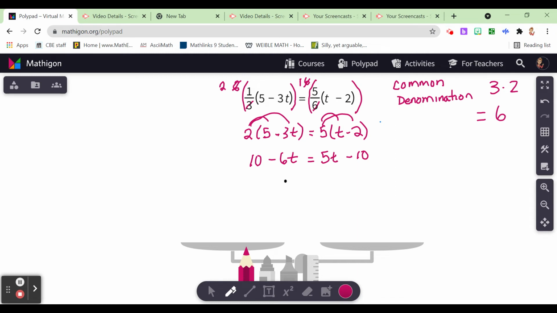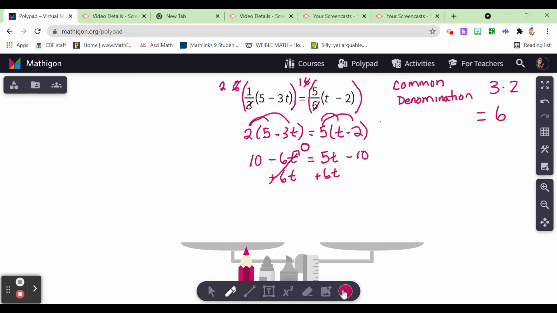And now I'm just getting my numbers on one side and my variables on the other. And I want to try and keep my variables positive. So I'm going to add 6t to both sides. Okay. So this goes to 0.